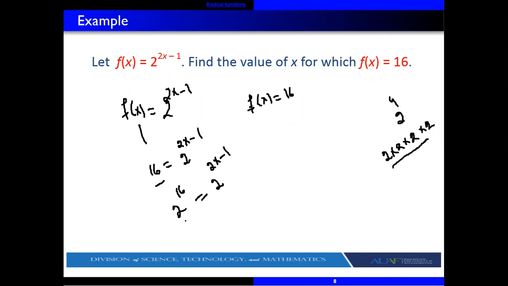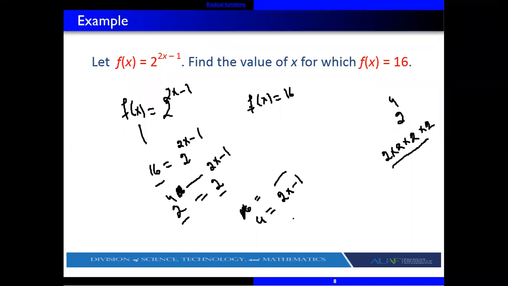Okay, now when bases are same, 2 and 2, so you need to compare their power. So how to compare their power? Sorry, 2 power 4, this is not 16, 2 power 4, yes, thank you. So 2 power 4 is equal to what? 2x minus 1.